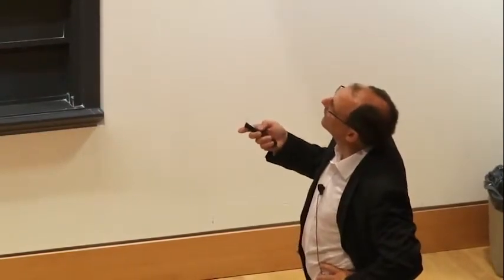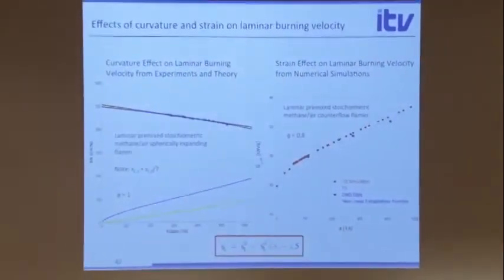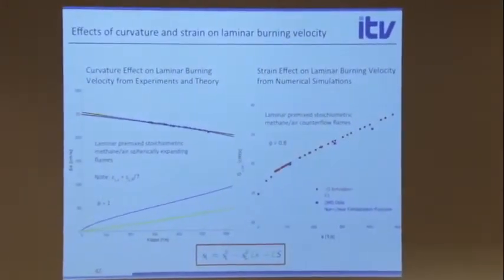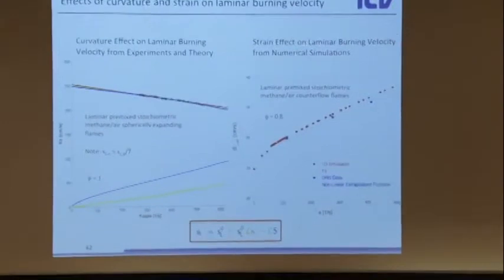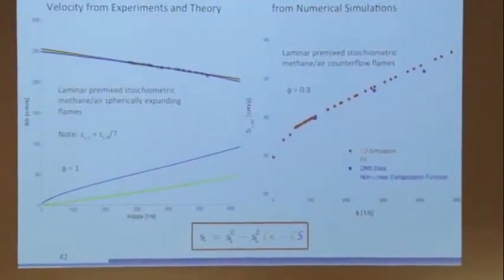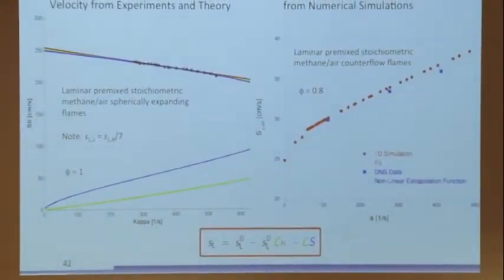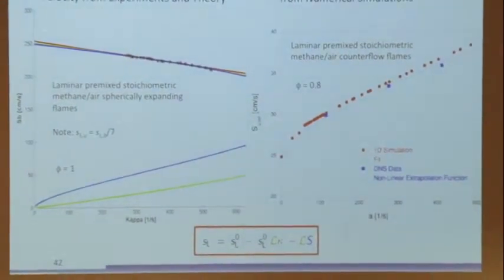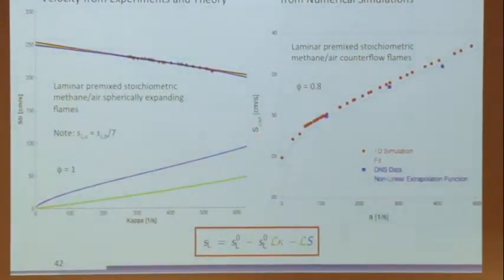So this is just an example. We'll skip over this. Okay, so this is one thing I want to show you. What is the effect of curvature and strain? You see, these are two different experiments. This here is an experiment in the spherical chamber I mentioned earlier.